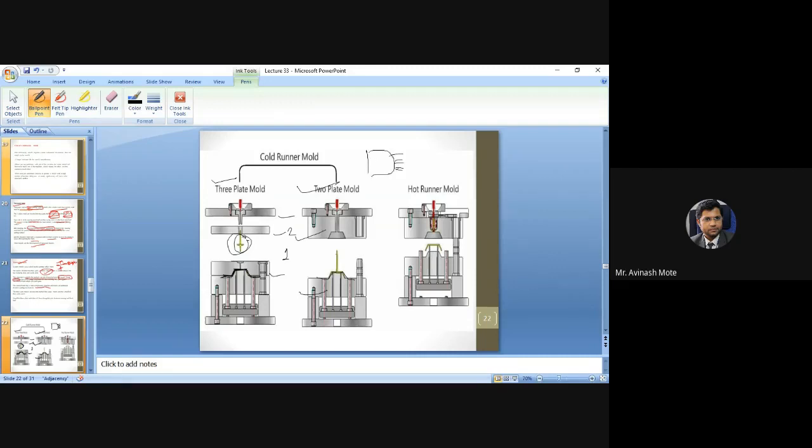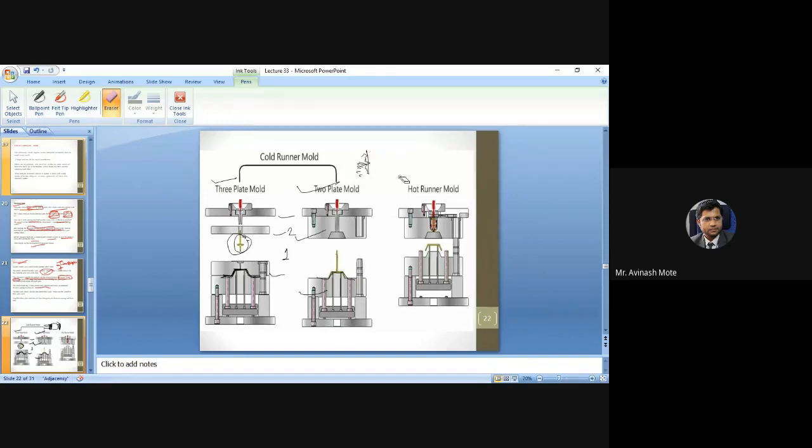Suppose this one is a facing surface which is viewed by the user, and this is a backside surface, which will always be at the back. So you can put the runner or gating system at the back side. You can manage the product that way if you are going to use the two plate mold.